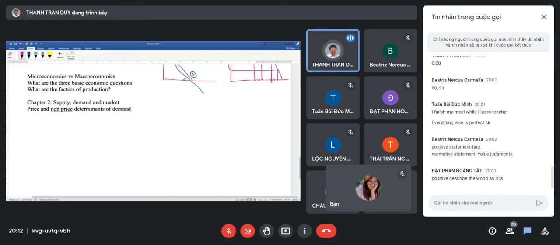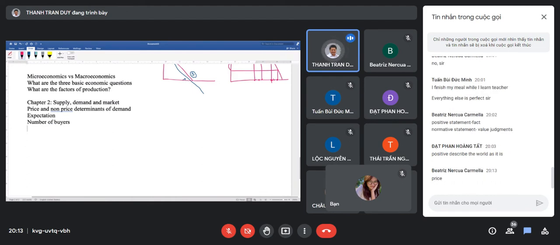What are the non-price determinants of demand? They include what you mentioned about expectations. Number of buyers, right? What else? Taste. This is non-price, right?